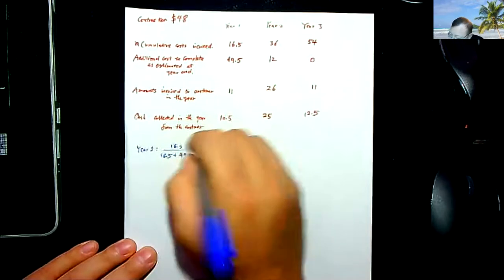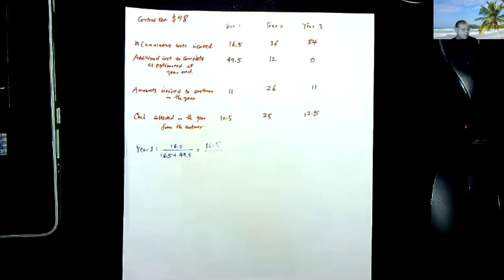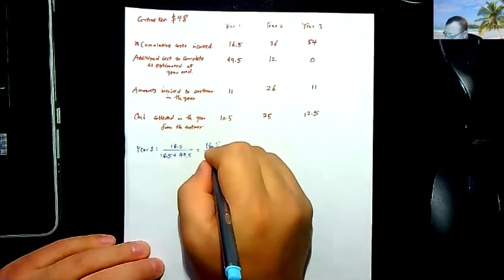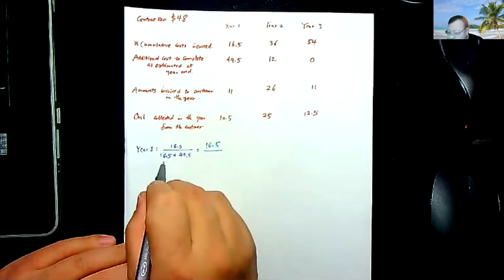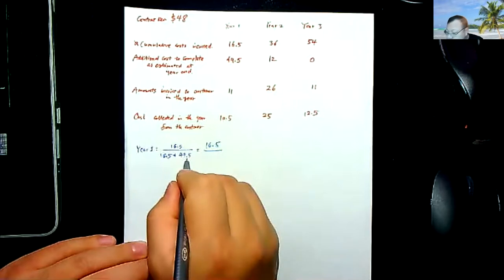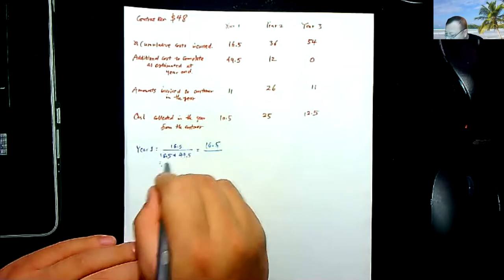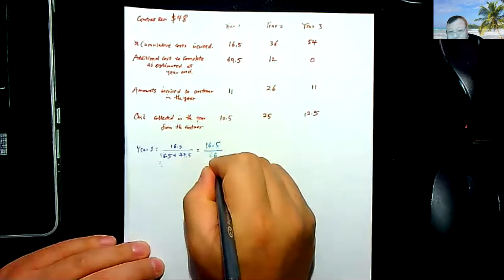So 16.5 divided by 16.5 plus 49.5, which is 66.